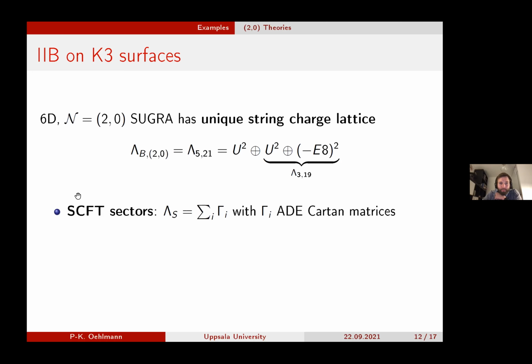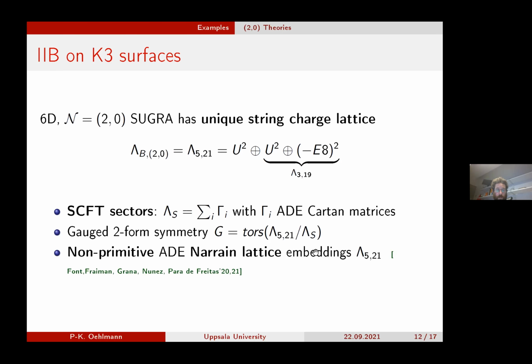Very good. And of course, now what you're doing is you choose an SCFT subsector, which for a (2,0) case means that the string lattice must be a composition of ADE lattices gamma I, and this you have to now embed in this non-primitive way. And then, of course, the two-form symmetry you get is precisely this quotient that I just told you about.